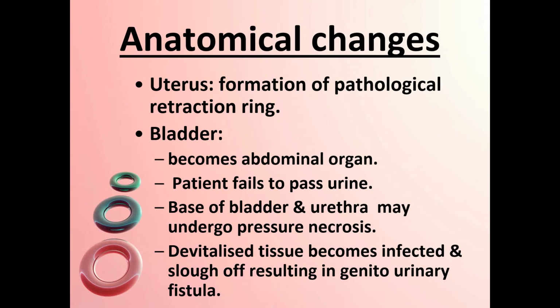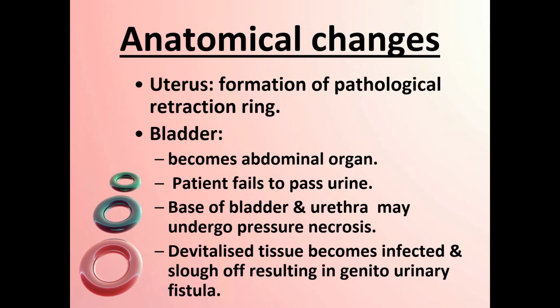Here, because of the obstruction, the upper segment contracts more and more, whereas the lower segment becomes elongated and thin. And because of the obstruction, the fetus cannot come down, probably because of a contracted pelvis or a cephalopelvic disproportion. The demarcation between the upper segment and the lower segment is called the pathological retraction ring or the Bandl's ring.